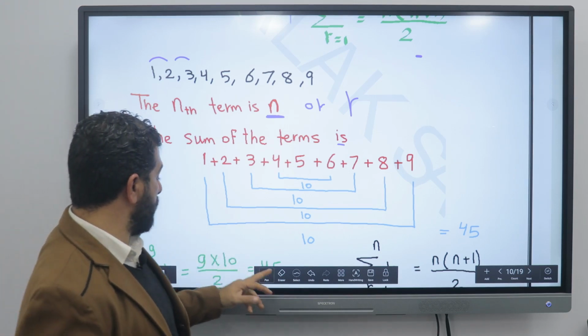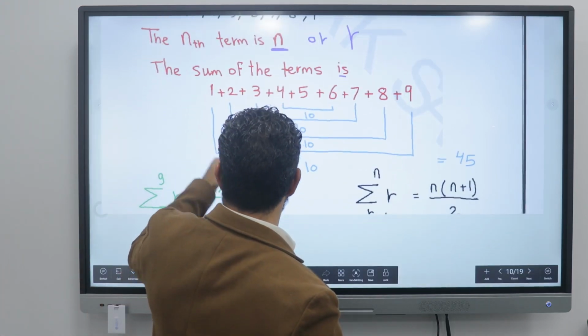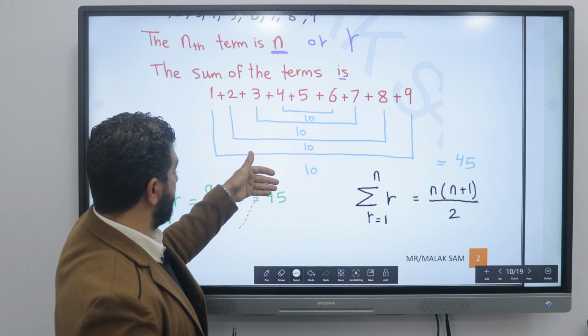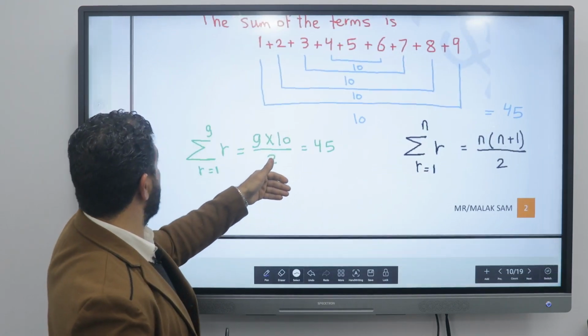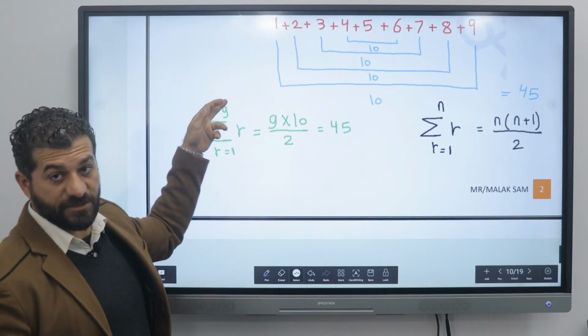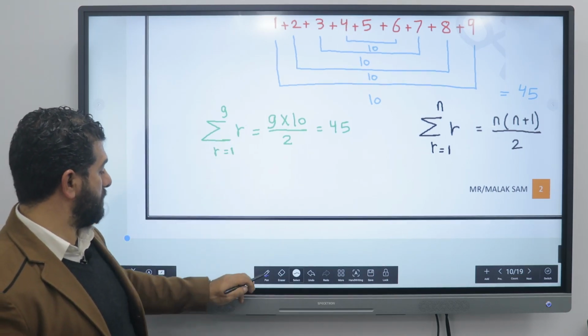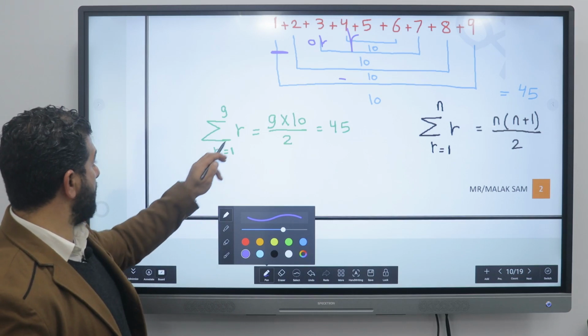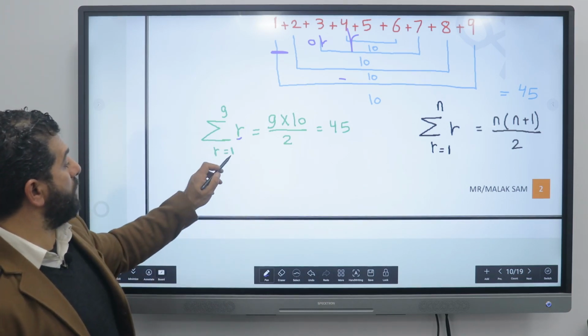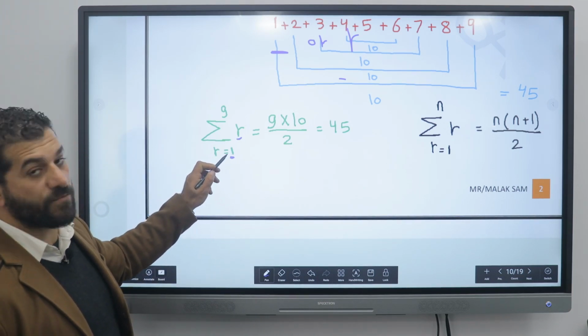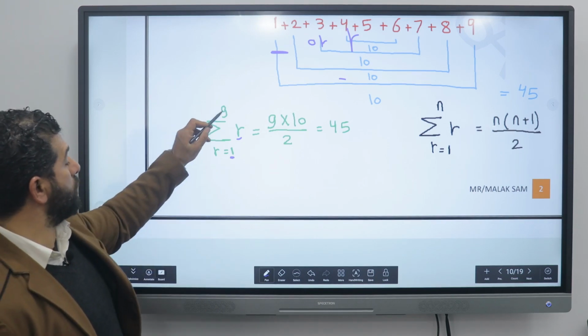And instead of that, we can write it as, pay attention, this is very important. We can write it as the sum of this sequence r, and we start from the first term, which is 1 to 9.